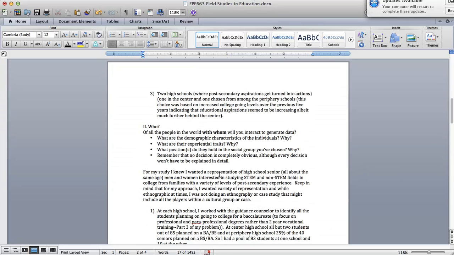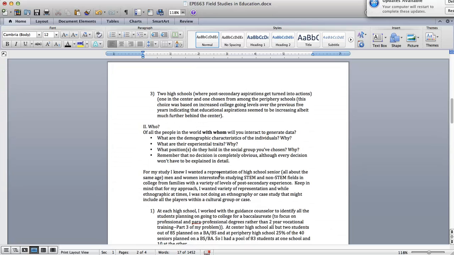So by defining exactly who it is you're going to talk to, or to be with in terms of participant observation, in order to generate data, it also is asking you to clarify what your research purpose and questions are. You may find that you need to go back and clarify those. That's why we're doing this exercise now.